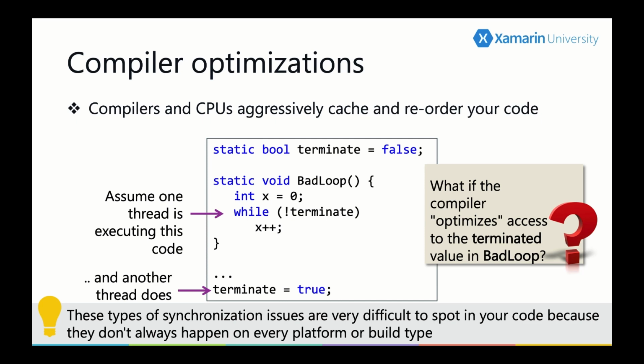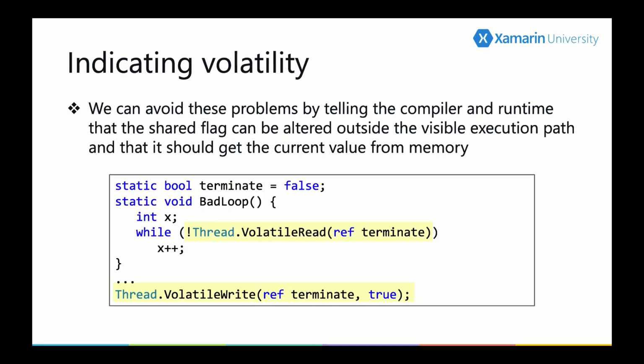So what can we do about this problem? To make sure that this particular code works in all build types, we need to give the compiler and the runtime a little hint that the value can be changed from another thread. There are two static methods exposed on the Thread class that are helpful here: VolatileRead and VolatileWrite.